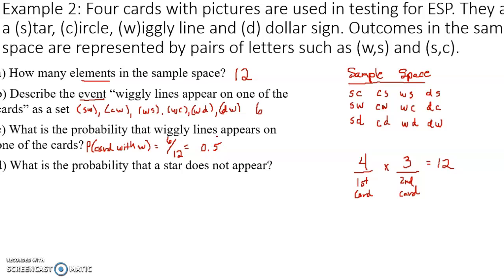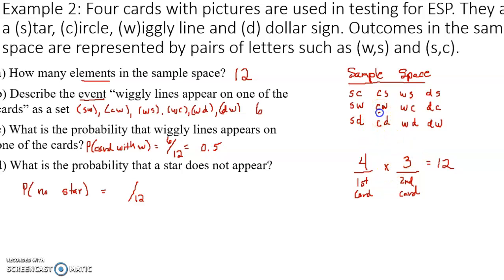Now, what about the probability that a star does not appear? So now we've got the probability no star. So we know that we're dividing by 12. How many cards are there that do not have a star?